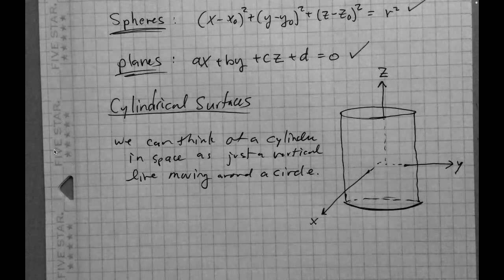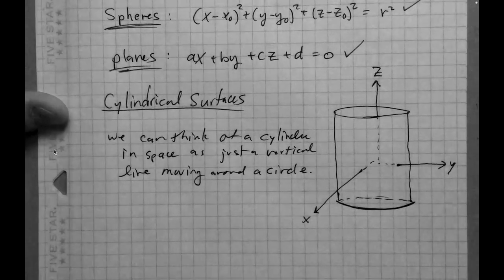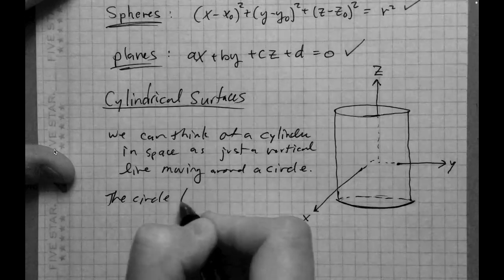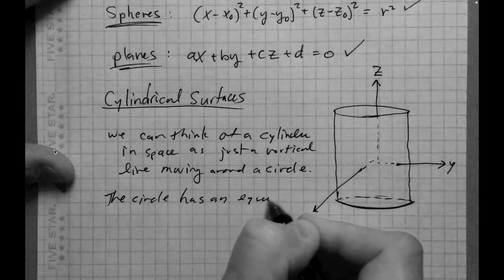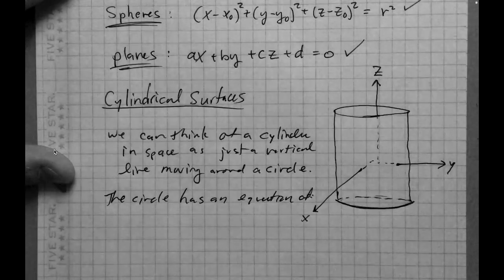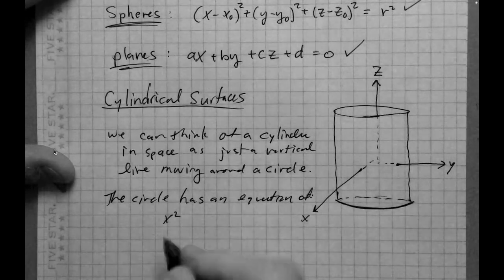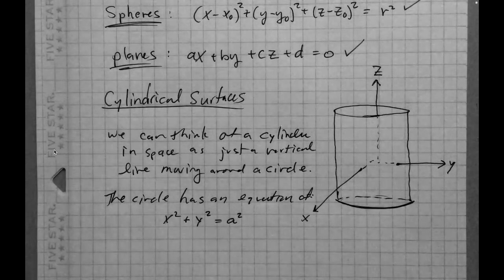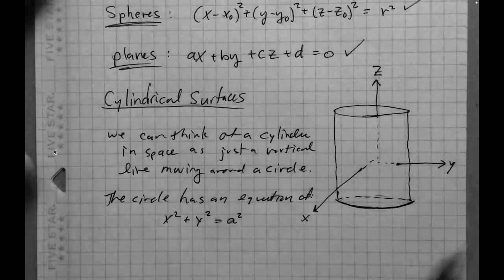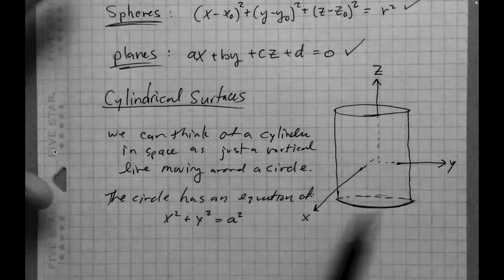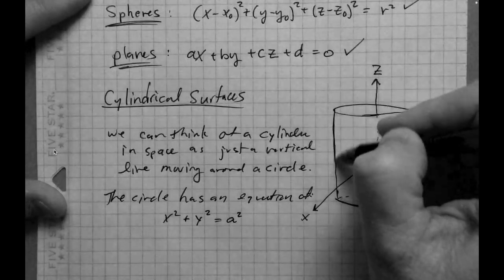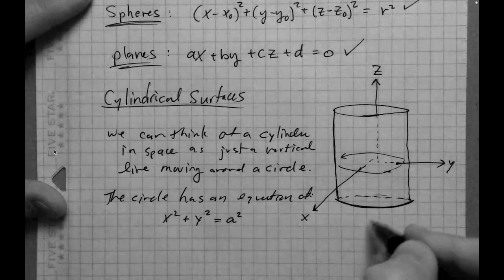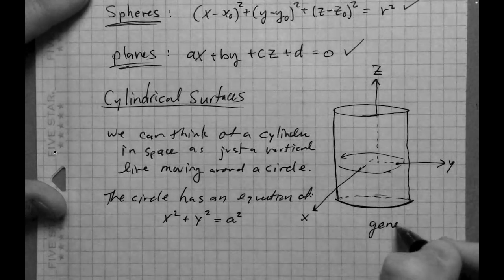So this circle has an equation. If it's in the xy plane, it's x squared plus y squared equals a squared. When you have a cylinder built in this way, with vertical lines moving around a circle, this circle is called a generating curve.